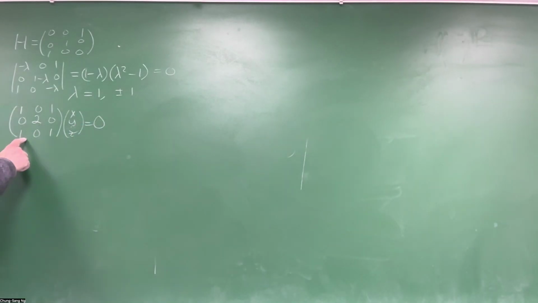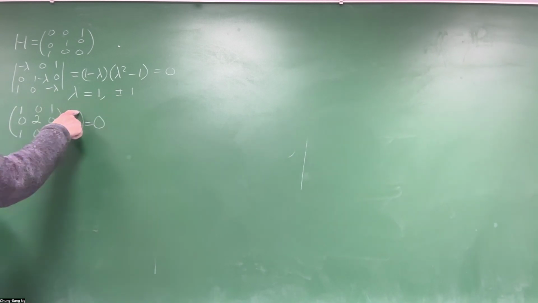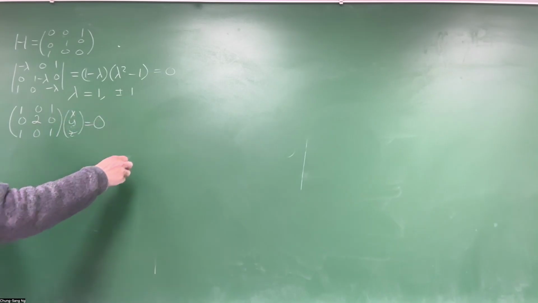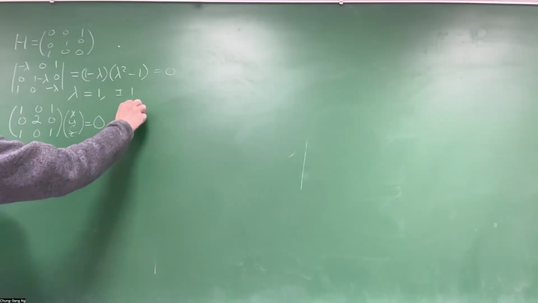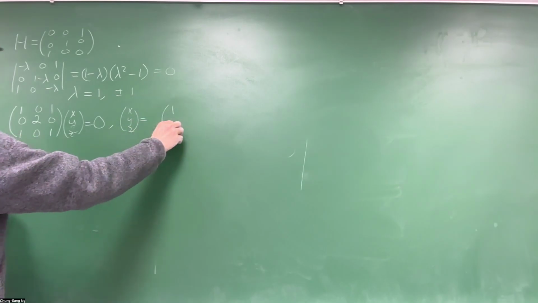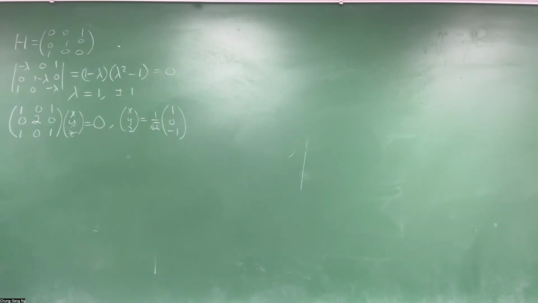The first and the third will give you the same equation. The second one will give you y equals 0. And x plus z is 0, so x equals negative z. So x, y, z is proportional to 1, 0, minus 1, with the square root normalization. Right, so that is okay.